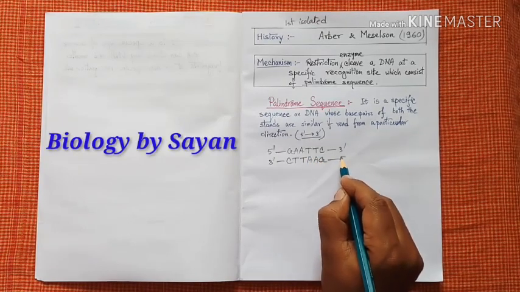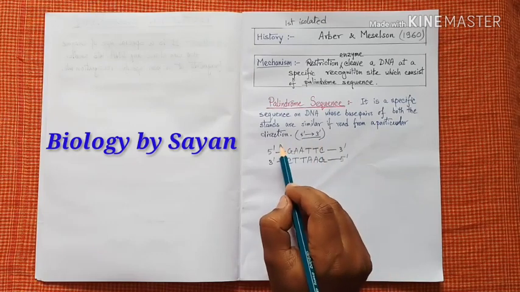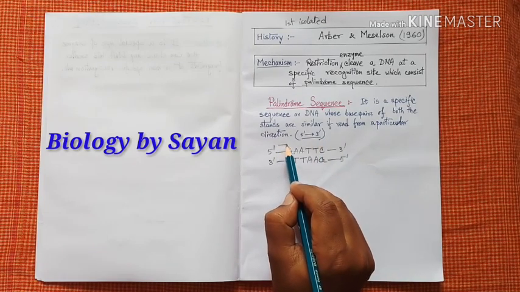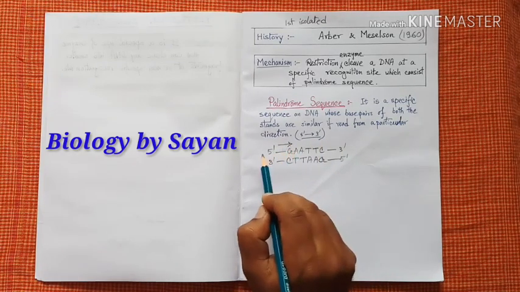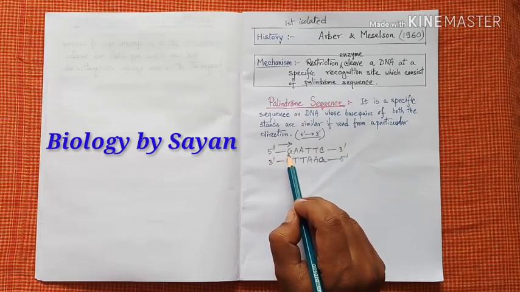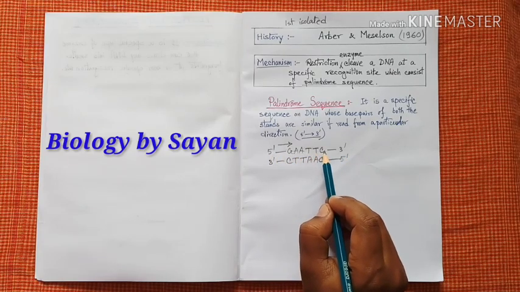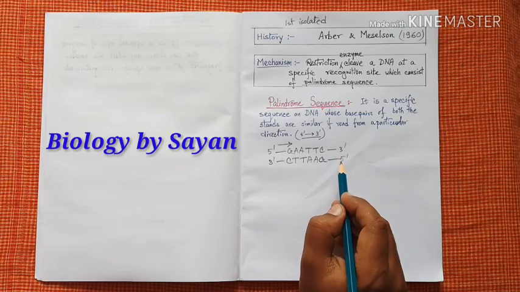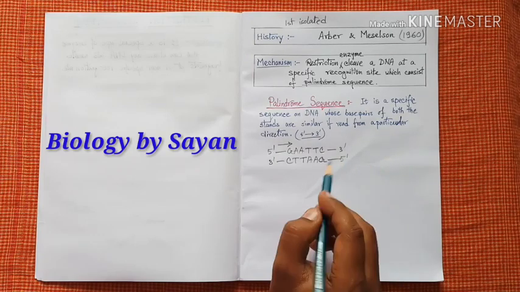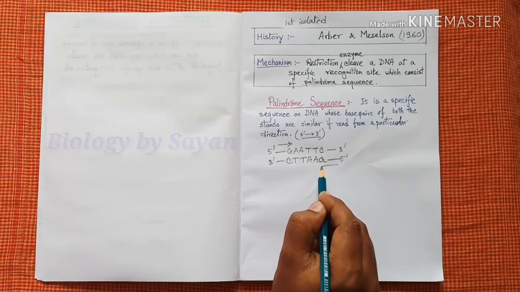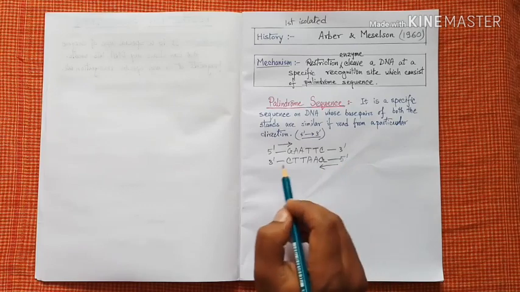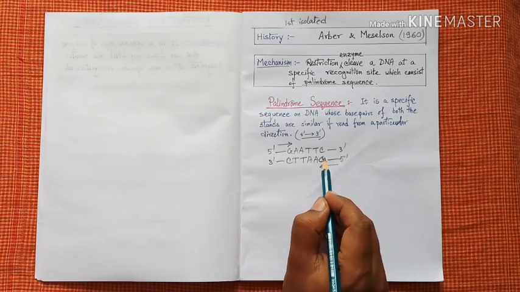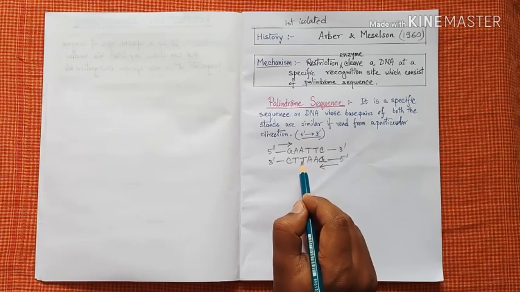This is a palindrome sequence. Now, if you read this DNA fragment from 5' to 3' direction, you will have 5' GAATTC 3'. And again, if you read this fragment of DNA of the complementary strand from 5' to 3', then you will again have GAATTC.